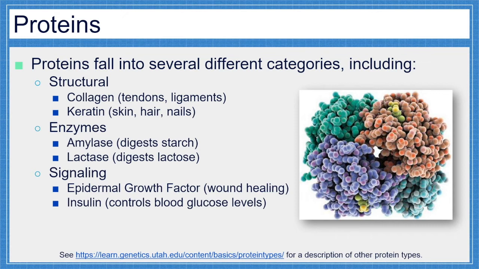Or insulin is a hormone, it's a protein as well, and it has to do with controlling your blood glucose levels. If you have type 1 diabetes, you may not actually produce insulin, and so you might have to artificially inject it into yourself. So these are just some types of proteins. Like I said, there's a link at the bottom of this slide that you can go to, and you can learn about a whole range of different protein types, because there's more than just these three. These are just some of the categories that are out there.